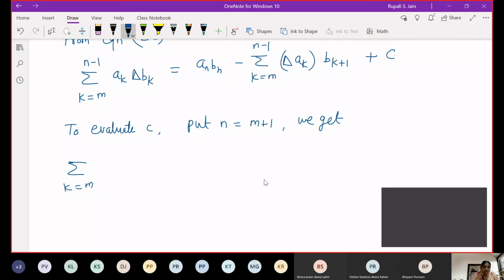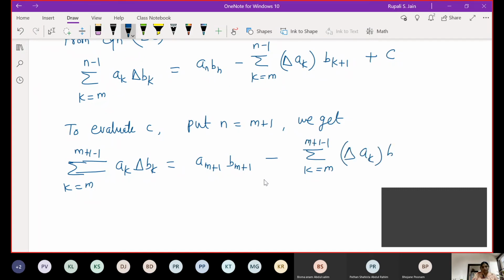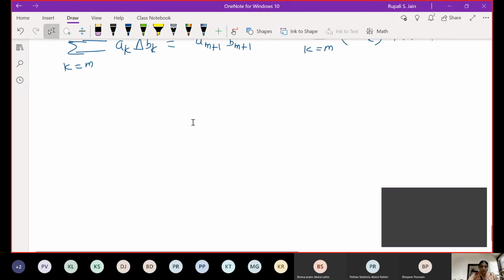Summation k equal to m to m plus 1 minus 1 of ak delta bk is am plus 1 bm plus 1 minus summation k equal to m to m of delta ak bk plus 1, plus c. Is that okay?